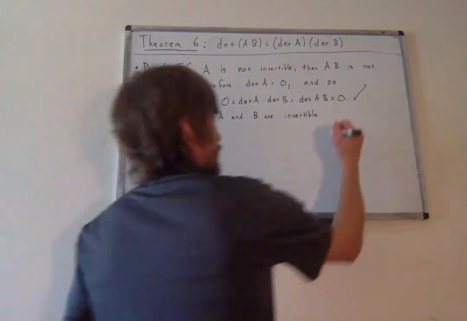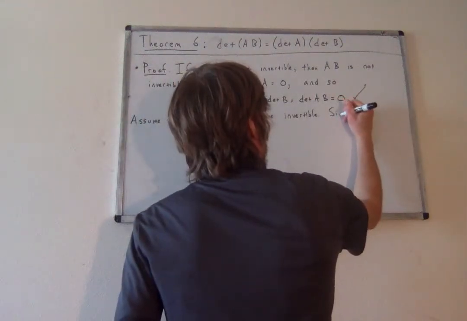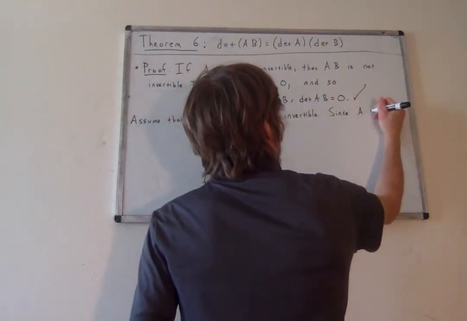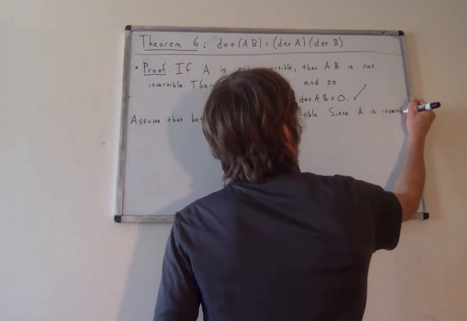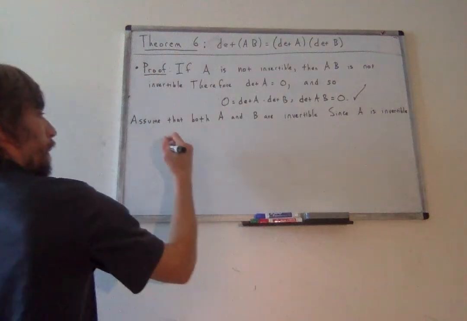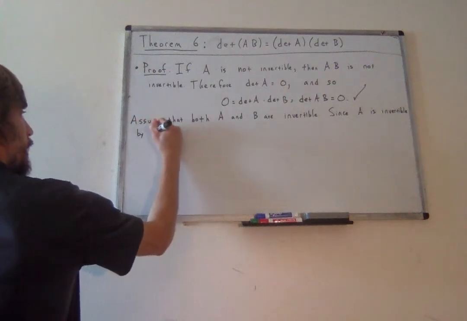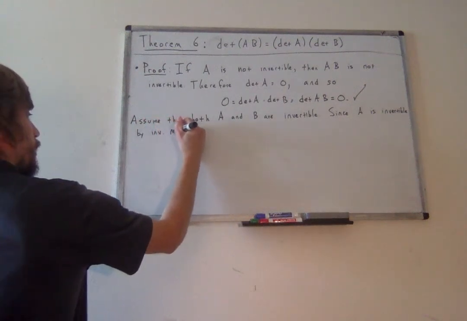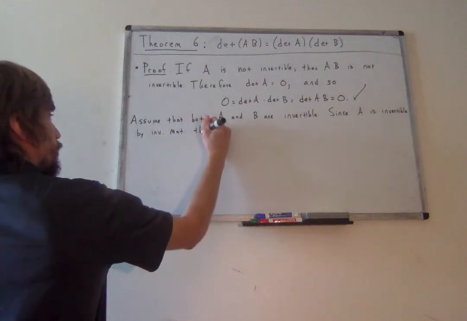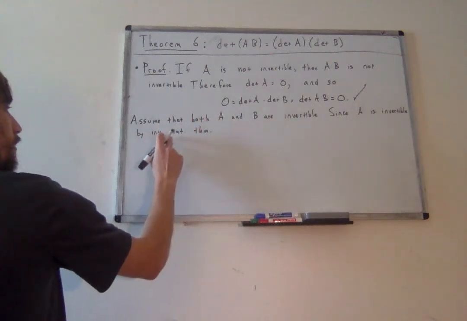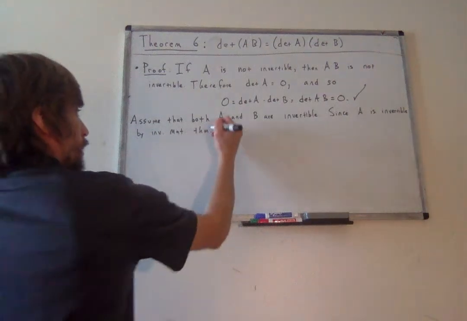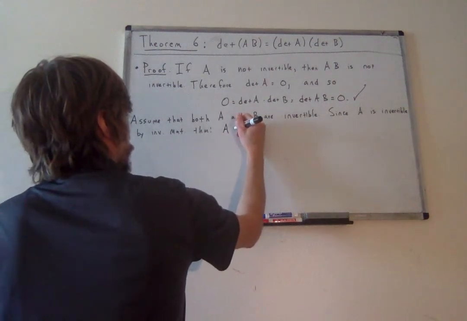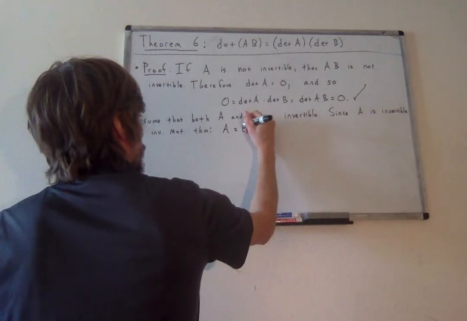So since A is invertible, remember by the invertible matrix theorem, which I'll abbreviate as INVMAT-THM, A row reduces to the identity matrix.